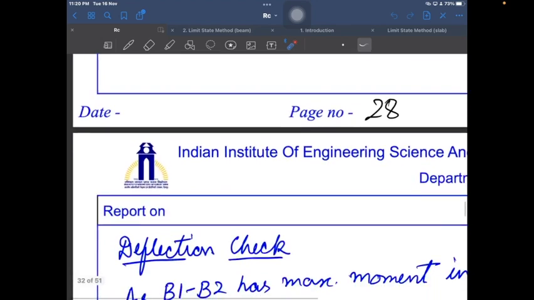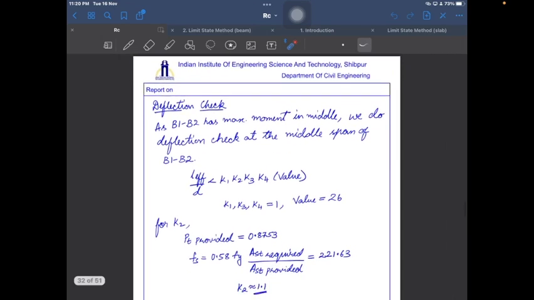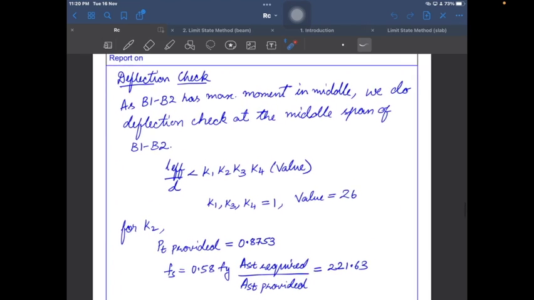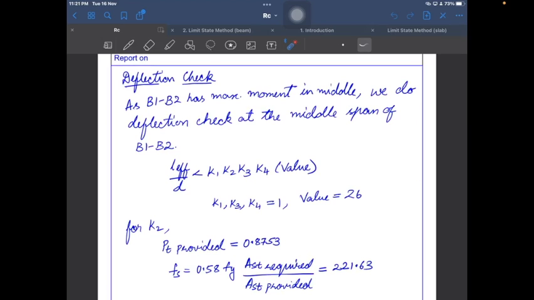Now we do the deflection check. B1 B2 has the maximum moment in the middle, so B1 B2 becomes the critical beam, and we do the deflection check for that beam in the middle span.